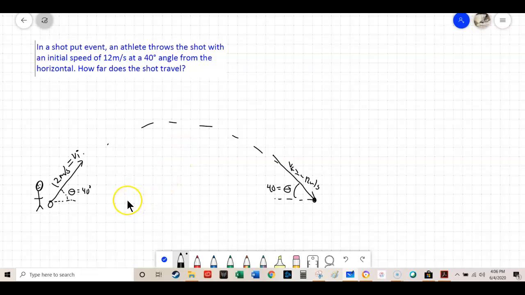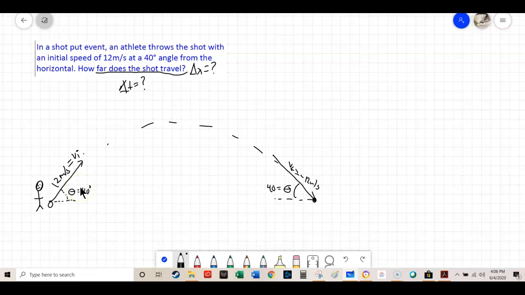Okay? Well, before we list our knowns and unknowns, we need to find how far it travels. But really, we need to find the time it takes too. They're asking what is delta x, but we need to find what delta t is.